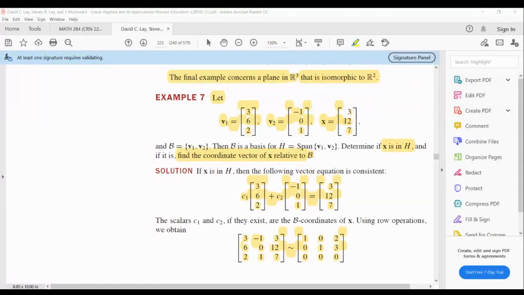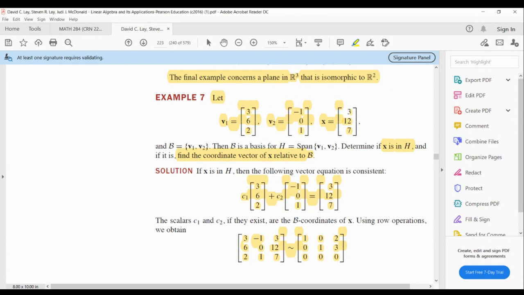So you see, what you've done is, even though the plane lives in R3, the plane is simply a linear combination of the V1 and V2 vectors. That's what it is. And so any linear combination of the vectors V1 and V2 is going to put you back into the plane.